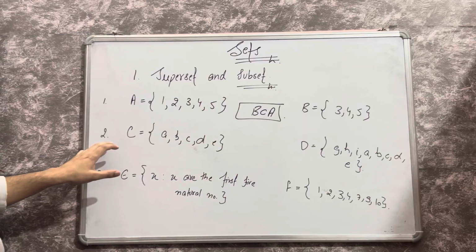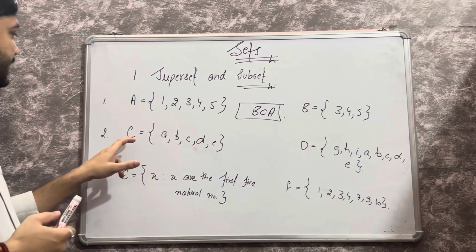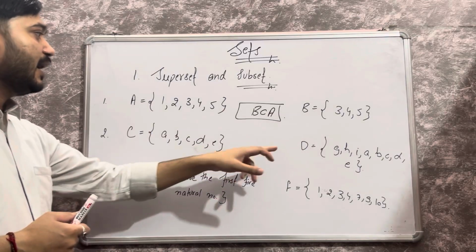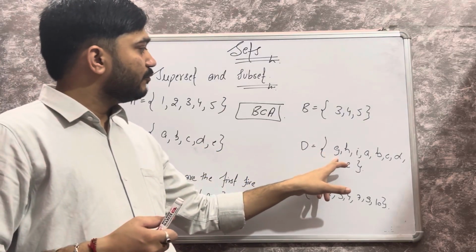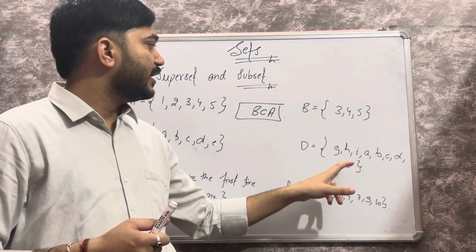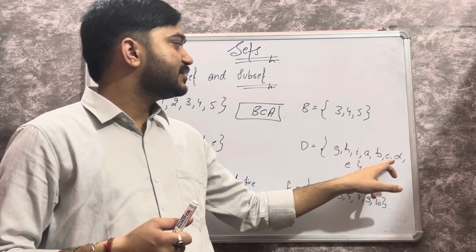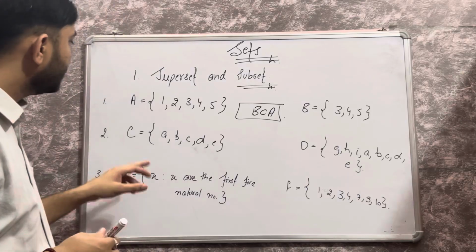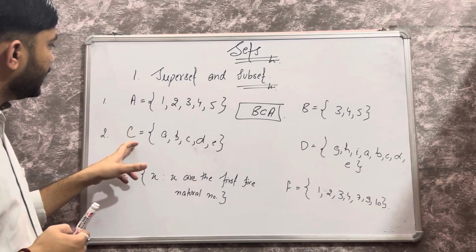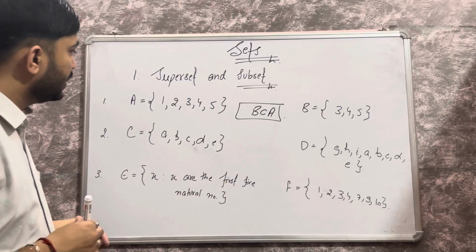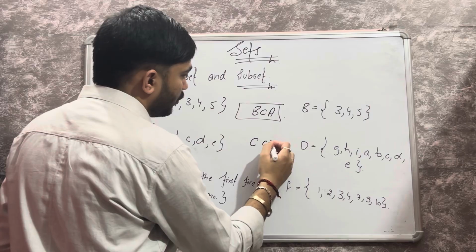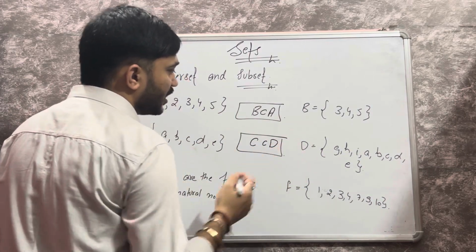Now moving to the second example, set C contains 5 elements, A, B, C, D, E, and D contains 8 elements: G, H, I, A, B, C, D, E. Here set C is smaller than set D. So let us look: all the elements of C are present in D. It means that C is a subset of D. Any doubts?